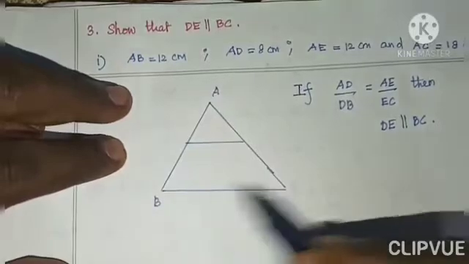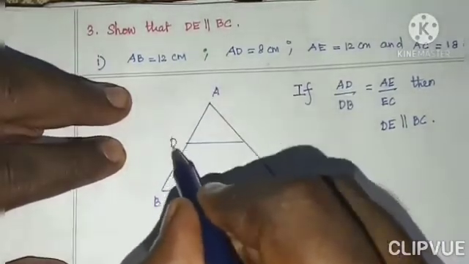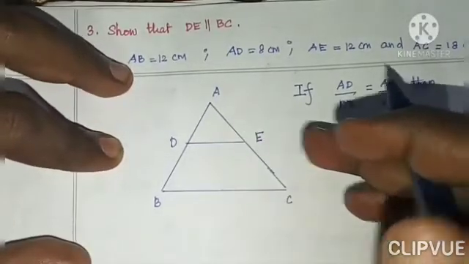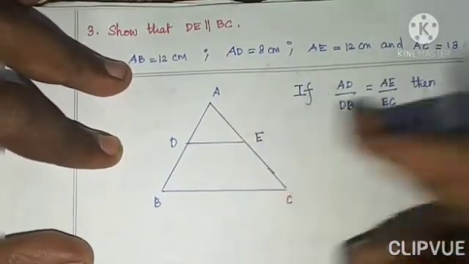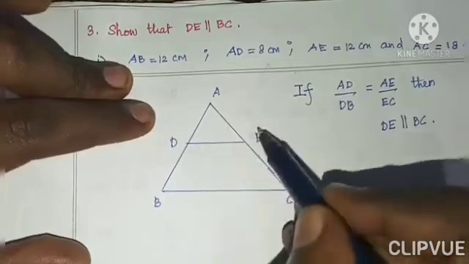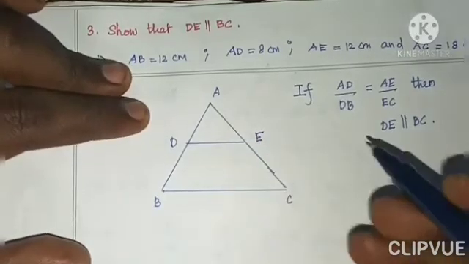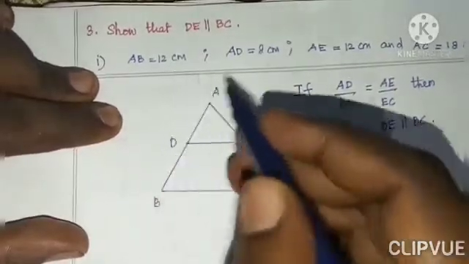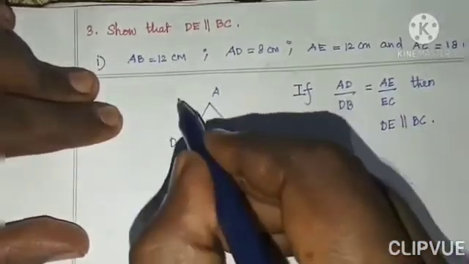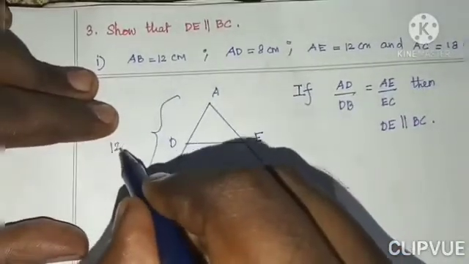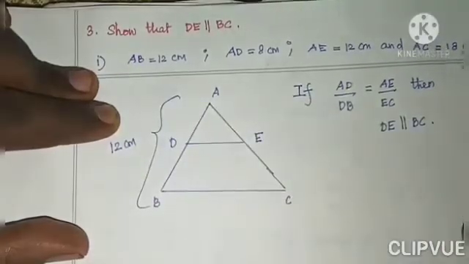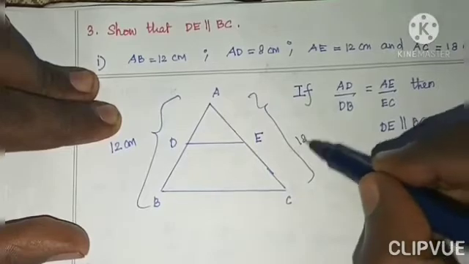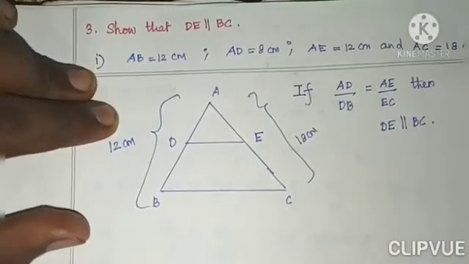ABC is a triangle, DE is a straight line drawn parallel to BC. Now we are going to show DE is parallel to BC or not. Here AB is equal to 12 centimeter is given. The total length is 12 centimeter and AC is equal to 18 centimeter.